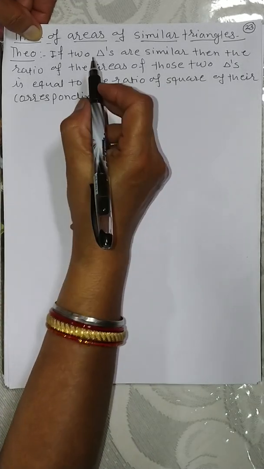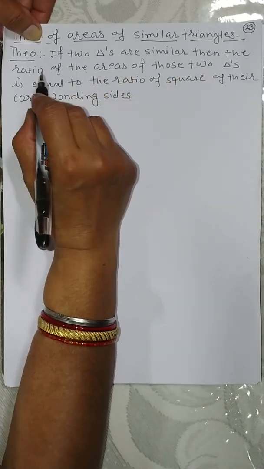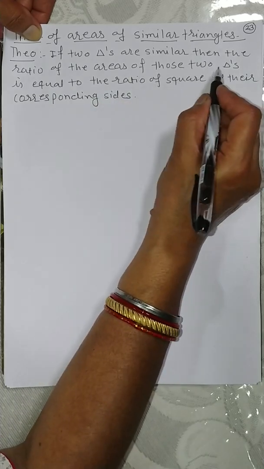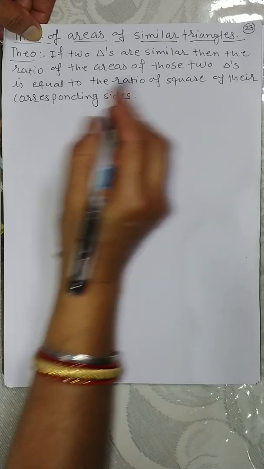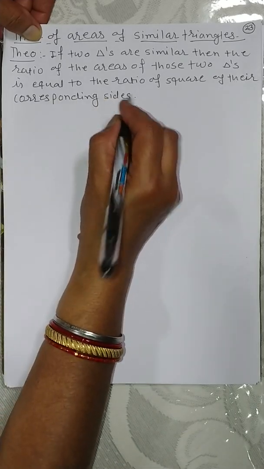This is the theorem. If two triangles are similar, then the ratio of the areas of those two triangles is equal to the ratio of square of their corresponding sides.